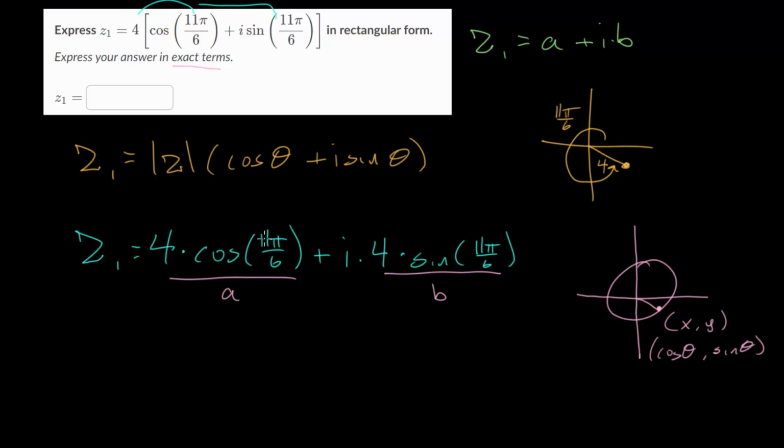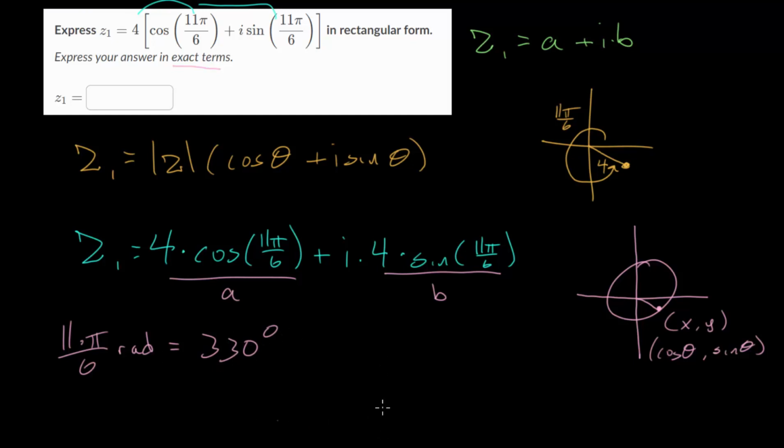Now, this angle 11 pi over 6, this is one of the special angles, and it's a multiple of pi over 6. And remember that pi over 6, that's just a 30-degree angle. And if we want, we can convert 11 pi over 6 radians to degrees. It's essentially 360 minus 30. This is a 330-degree angle.